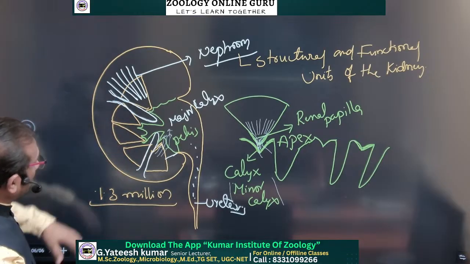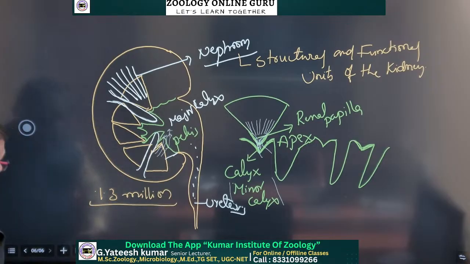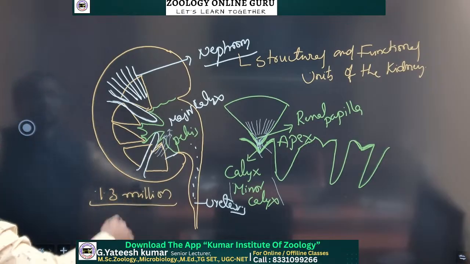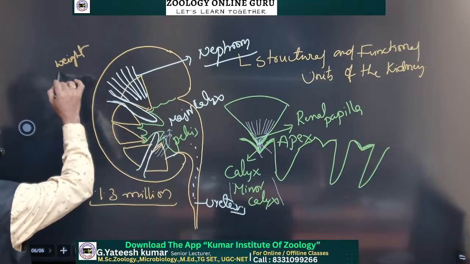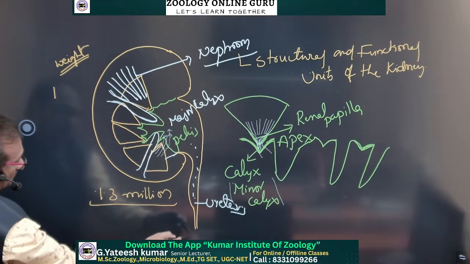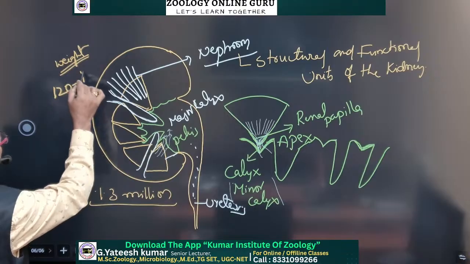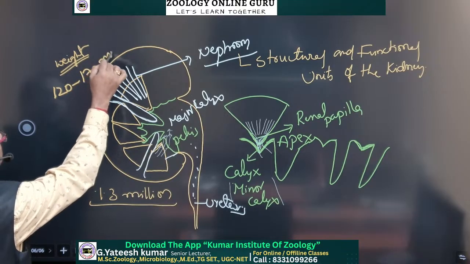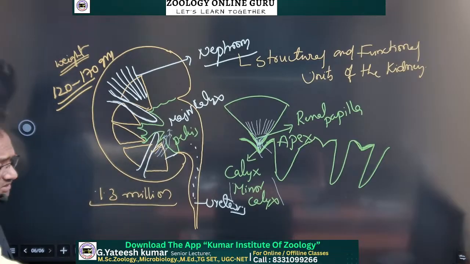And coming to the weight of the kidney, the weight of the kidney is 120 grams up to 170 grams. So we discussed all the internal structure of the kidney.